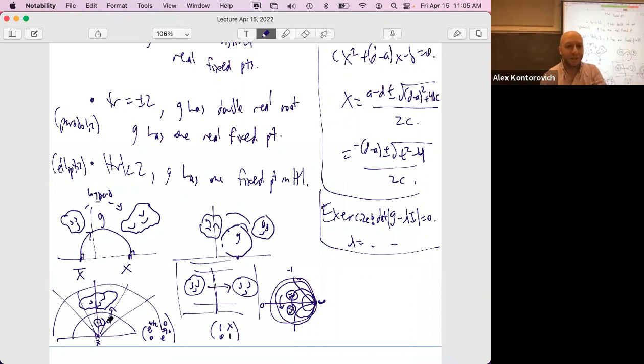So the angles stay the same, and this moves objects along rays like this. Whatever ray you were on, you move along that ray. That's what I mean by how it moves things.